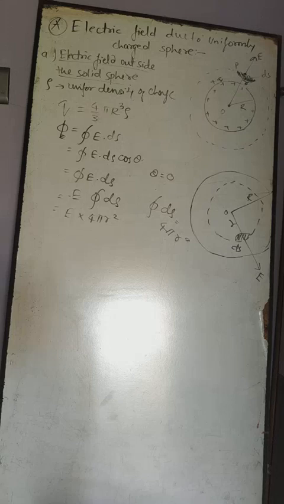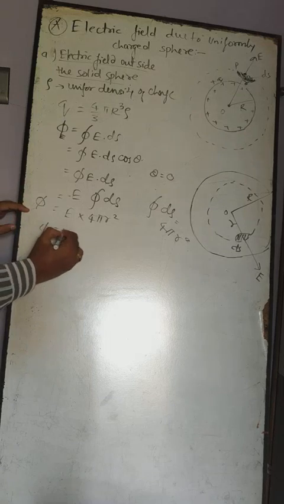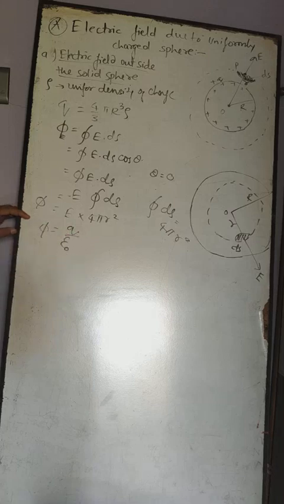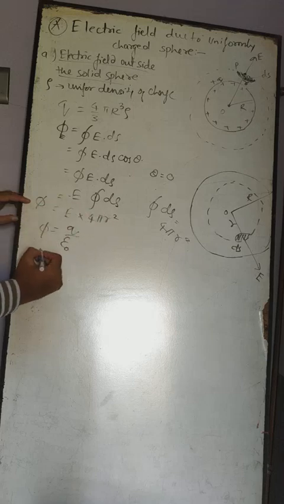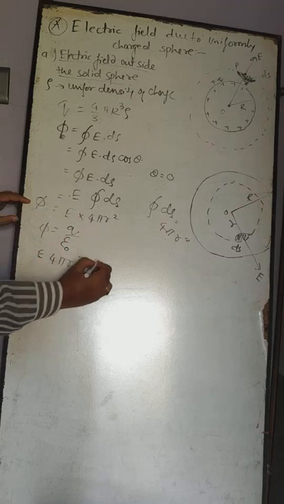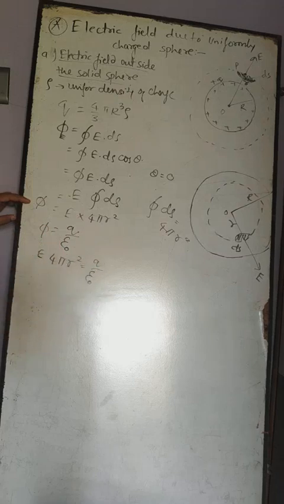Now according to Gauss theorem, we know that phi is equal to Q divided by epsilon naught. Therefore, E into 4 pi r square is equal to Q divided by epsilon naught.